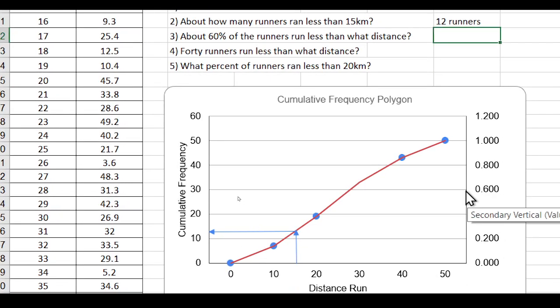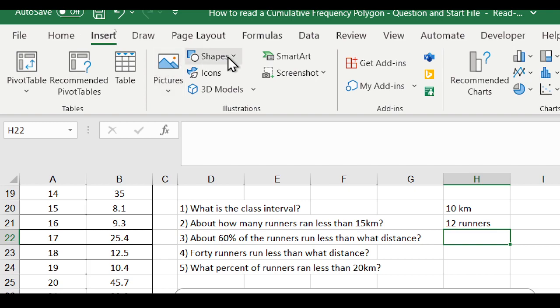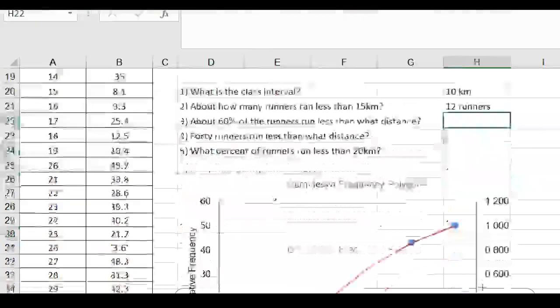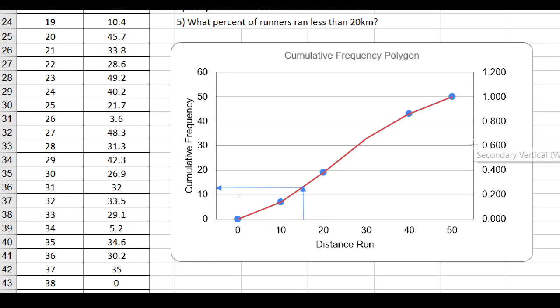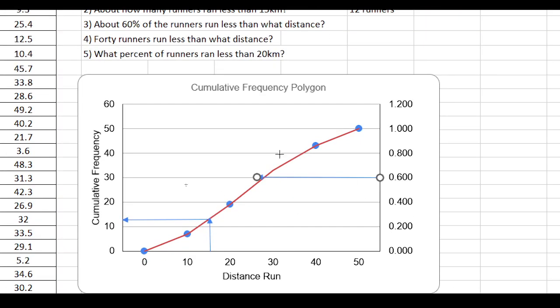So let's draw a line from 0.6 over to the curve, and then draw another line down onto the x-axis.